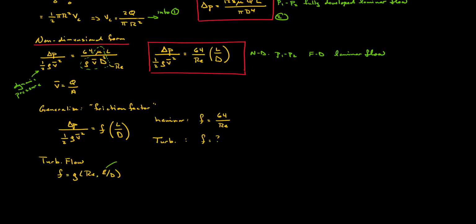So this term over here is the surface roughness. And so these values here for a turbulent flow have been determined experimentally and they are compiled in what we call a Moody diagram.